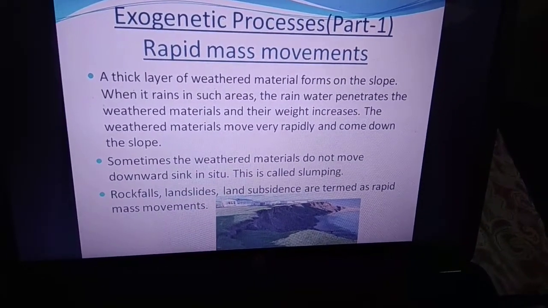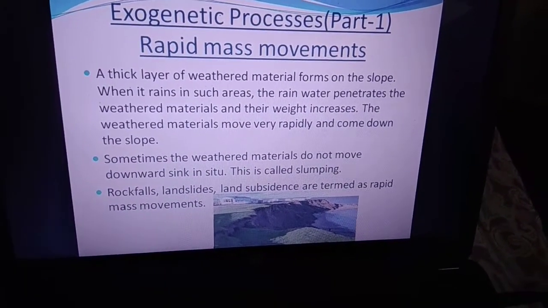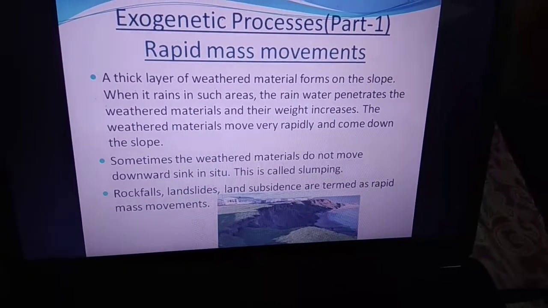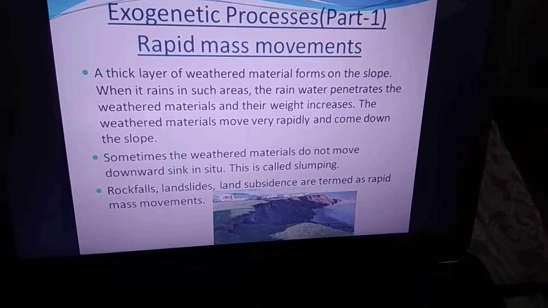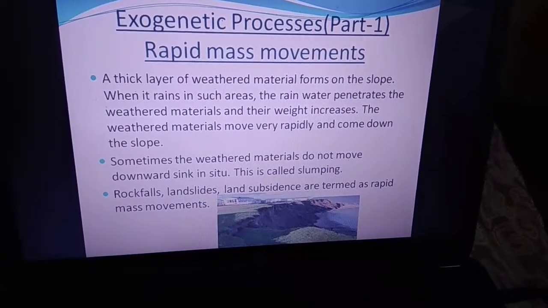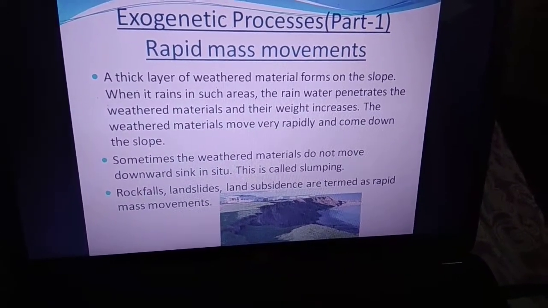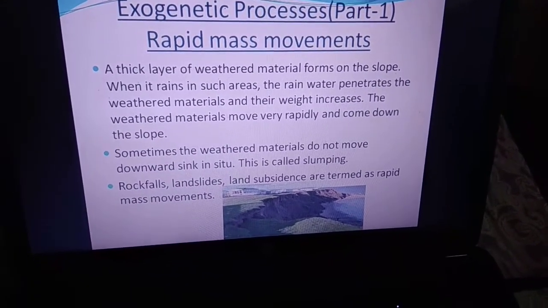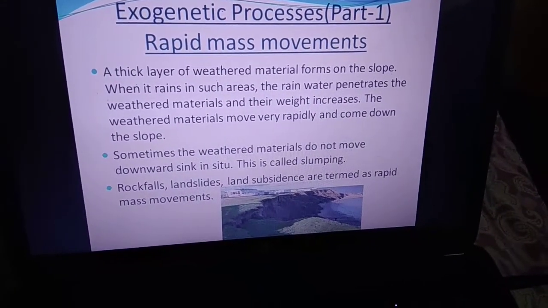As we already see in this slide, a thick layer of weathered material forms on the slope. When it rains in such an area, the rainwater penetrates the weathered material and its weight also increases. The weathered material moves very rapidly and comes down the slope.